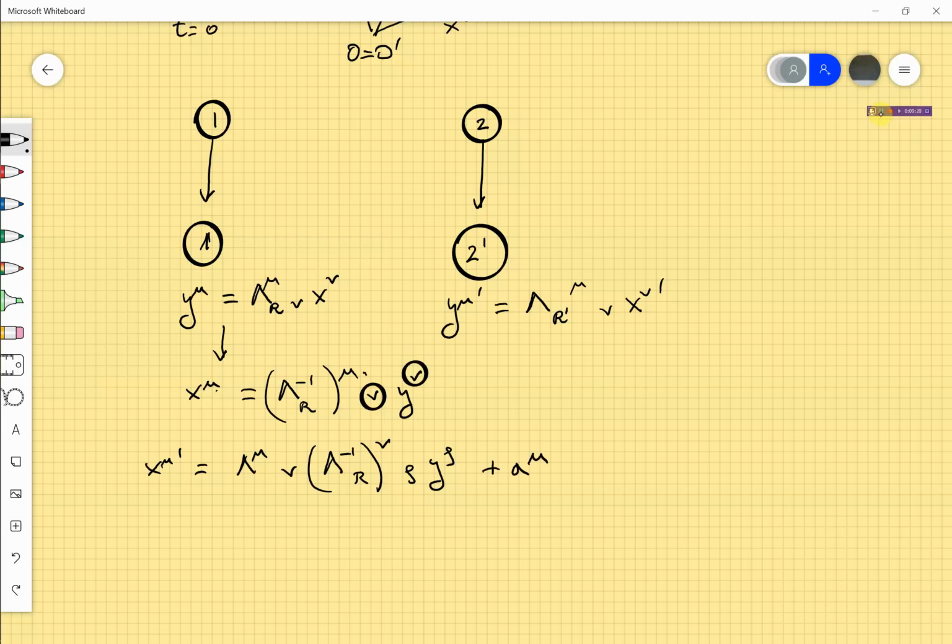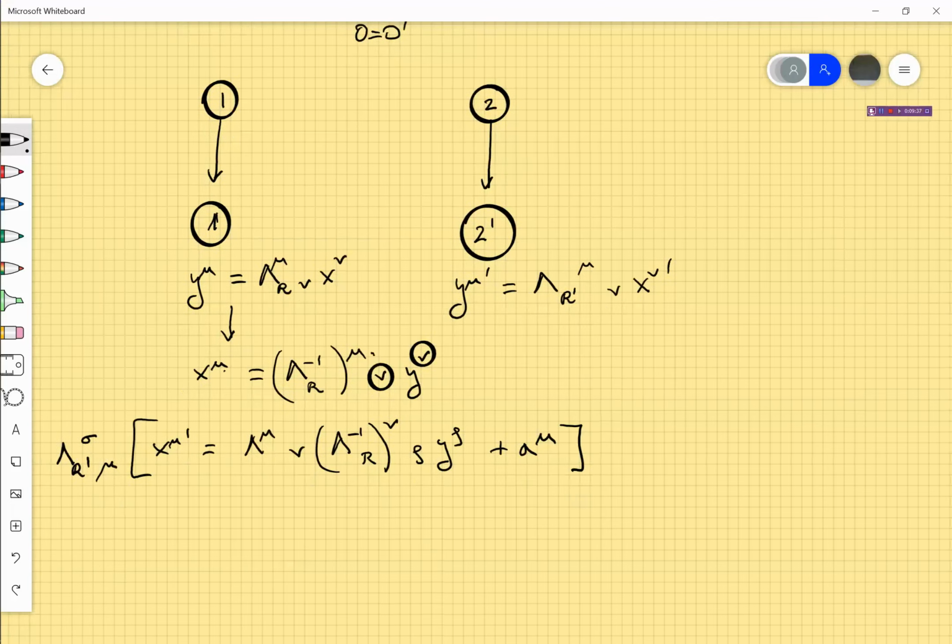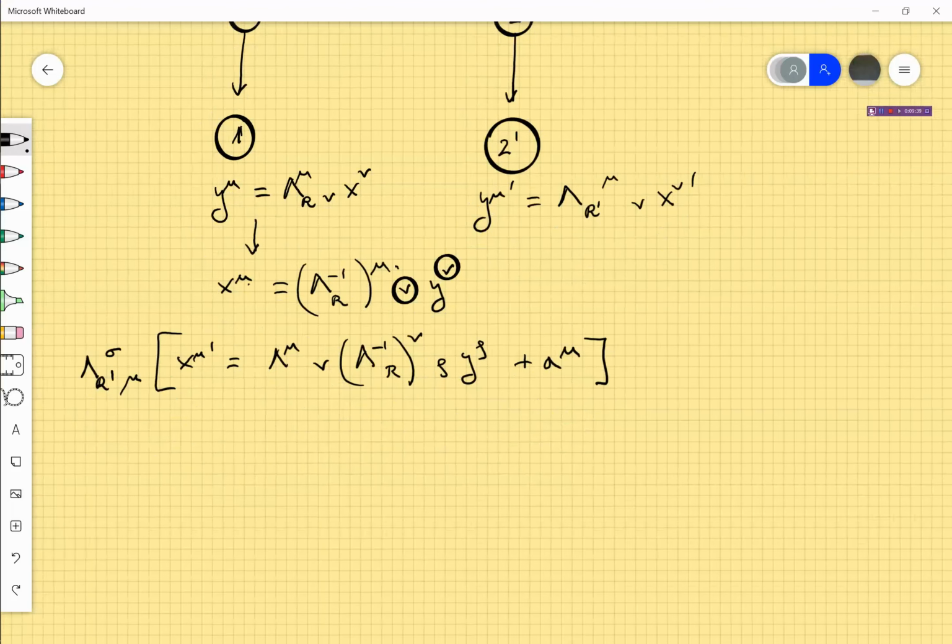Now we multiply this whole expression by this transformation lambda r prime. But of course, since this has an index mu, I have to write the index mu here, and I have to choose a different index, sigma, here. First I have in the left hand side lambda r prime sigma mu times x mu prime, which is y sigma prime.